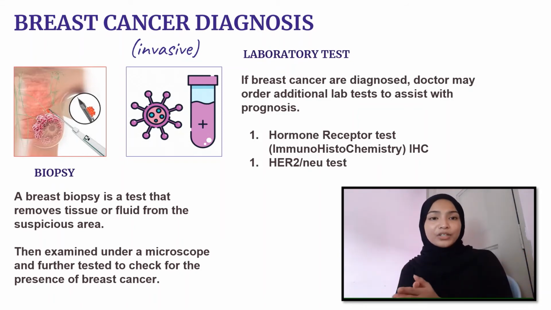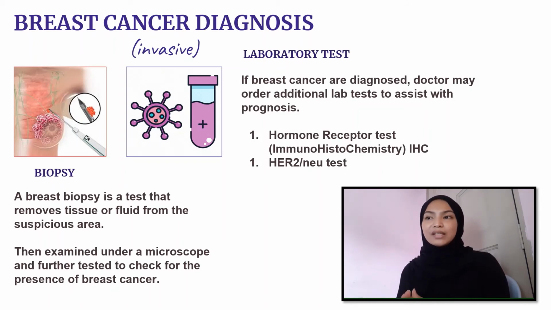If a patient is diagnosed with breast cancer, the doctor may order additional lab tests to assist with the prognosis. The two most common lab tests are the hormone receptor test and the HER2 or NEU test. Hormone receptor testing is performed by an immunohistochemical assay that involves a specialized staining process on the sample to see if hormone receptors are present, while the HER2 NEU test looks for a specific kind of protein found with certain types of cancer cells and the gene that produces it.